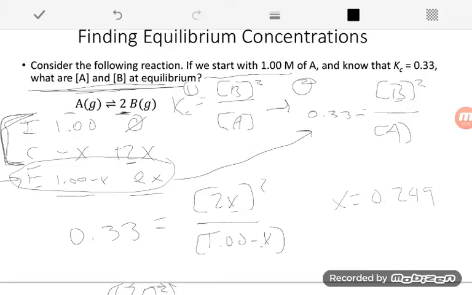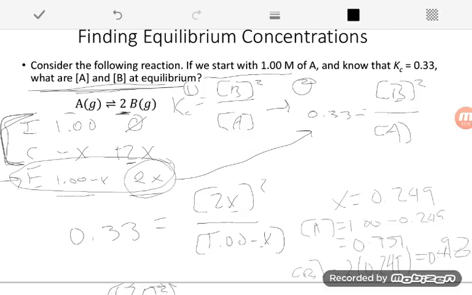So A is equal to 1 minus 0.249. So A is going to be equal to 0.751. And then B is going to be equal to 2 times 0.249, because it was 2x. Running out of space here. So B is going to be equal to 0.498.